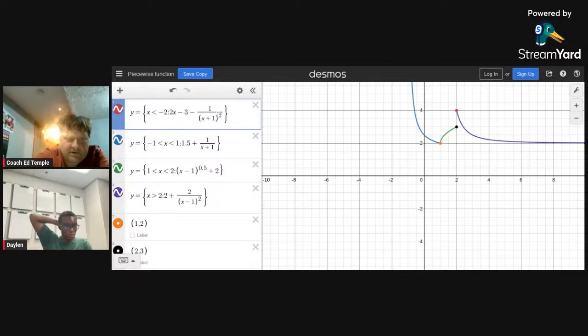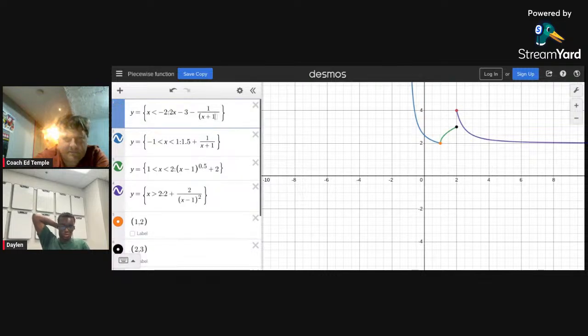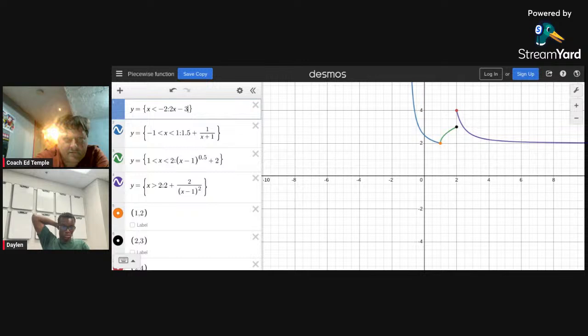Okay, hold on a second. So I'm going to get rid of this other stuff here. Okay. 2x minus 3. Let's see if that worked. I should see a graph that looks like 2x minus 3, and right now I don't.